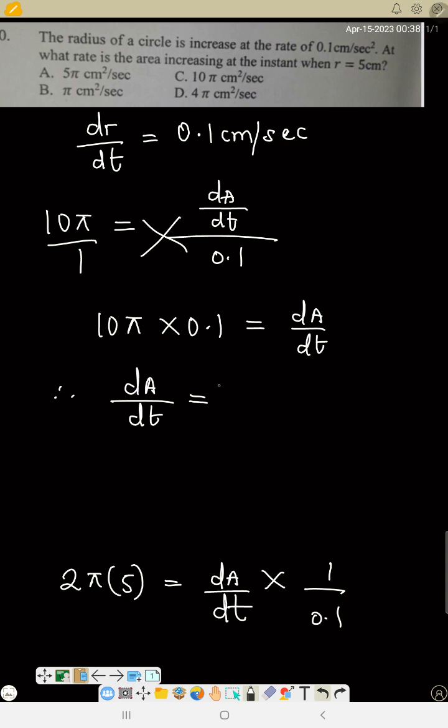So that is 1. So the answer is pi. So that will be centimeter square per second, because that is area, centimeter square. So the correct answer is B then. So option B is correct. So we are done.